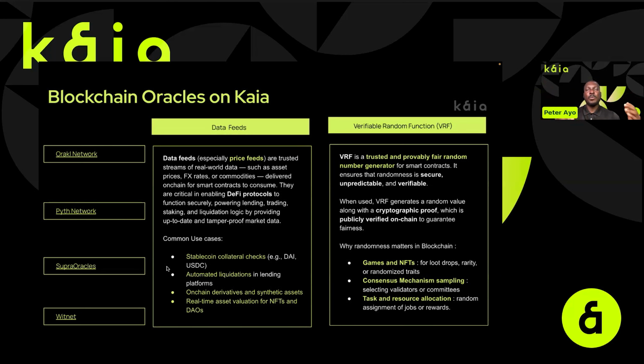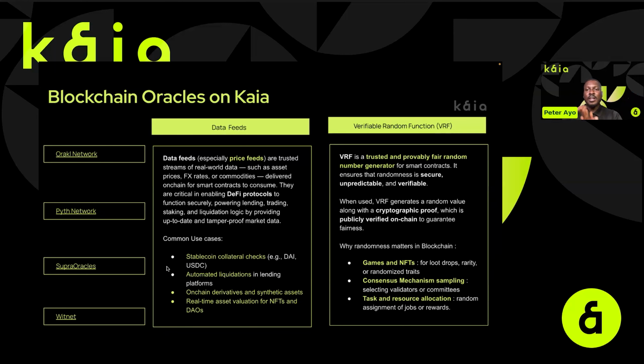You can get the price of various crypto assets, for instance Kaia, ETH, Sol, just name it. These oracles have various asset prices supported, so make sure to check the documentation for a list of the asset prices supported.